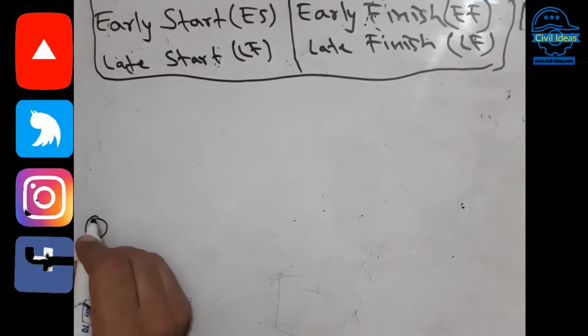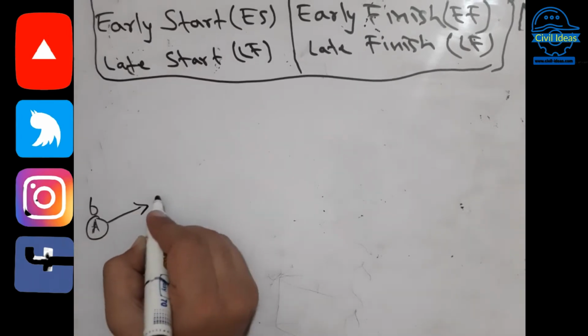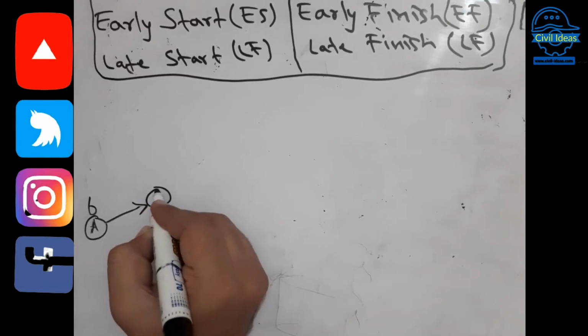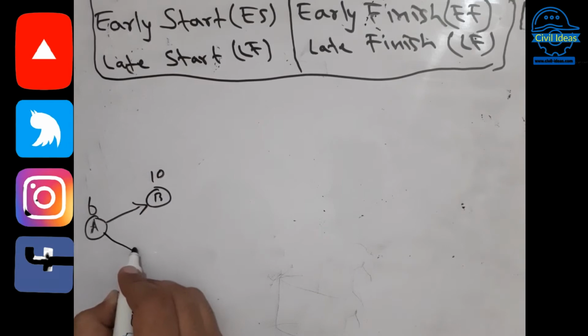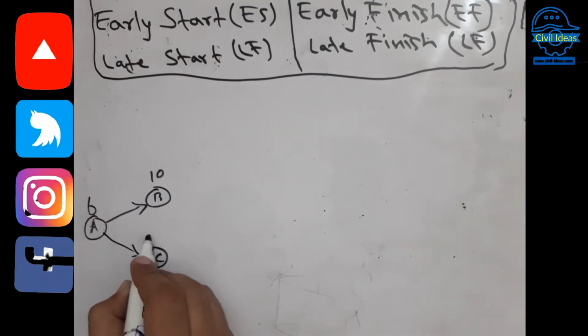This is activity A, which can be finished in 6 days, and there is another activity which is B, and it can be finished in 10 days, and there is another activity which will also start after A, and this is activity C, and it can be finished in 5 days.